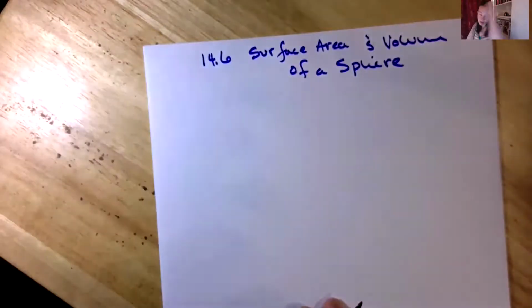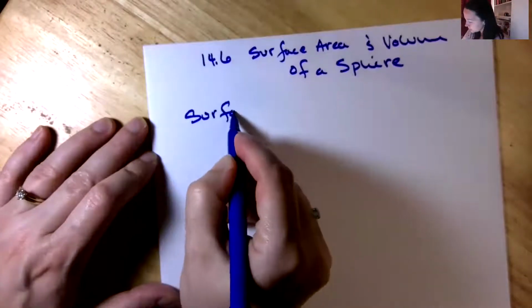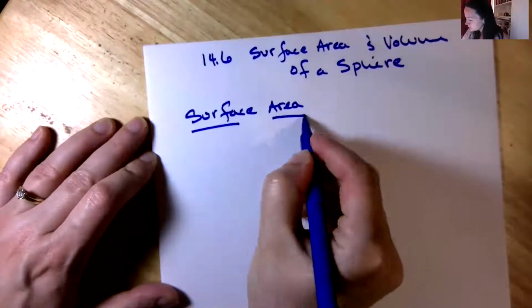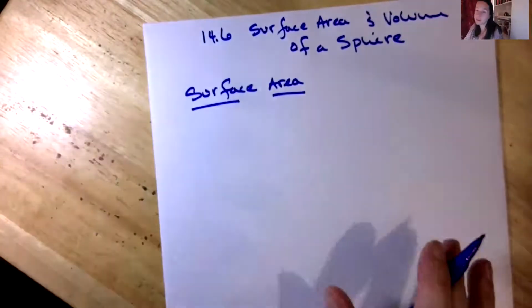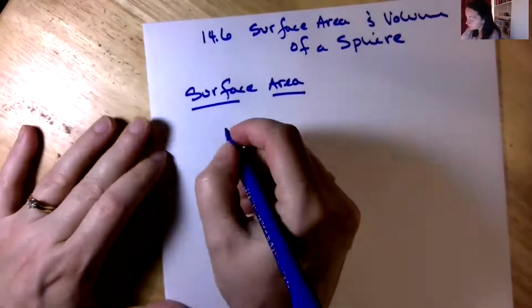Okay, surface area and volume of a sphere. So surface area of a sphere, and you should add this into your chart. Surface area of a sphere is based on the area of the great circle in the sphere.